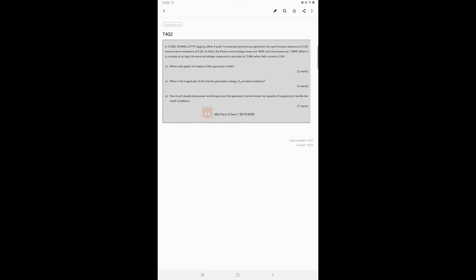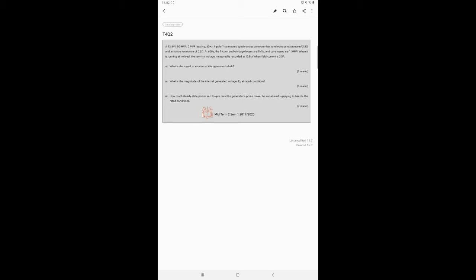When it is running at no load, the terminal voltage is 13.8 kilovolt when field current is 3.5 ampere. Sometimes you don't use all of this information, so you have to carefully select which one you're going to use.